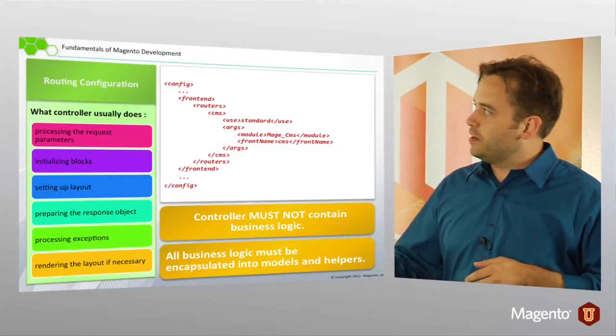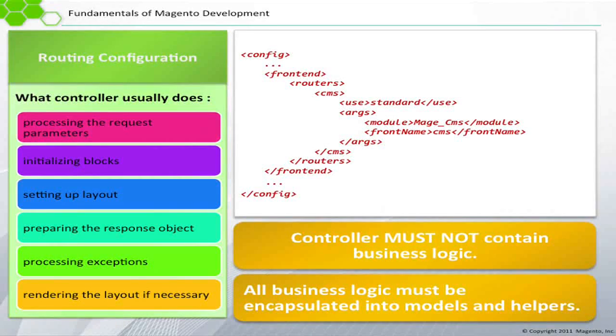So this connects a front name with a module name, and gives us a spot in the configuration in which to do it. So when I see this, I know that for the Mage CMS module, all the URLs that use this, the very first part of the URL is going to have CMS. That's why I changed that slide to say front name.